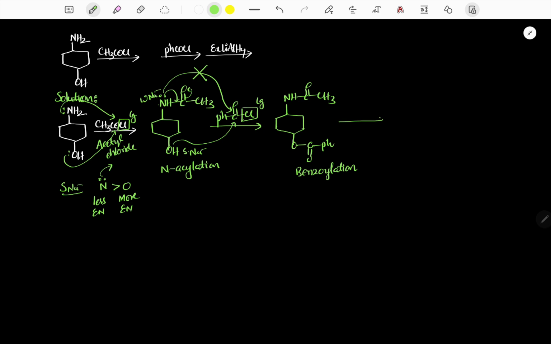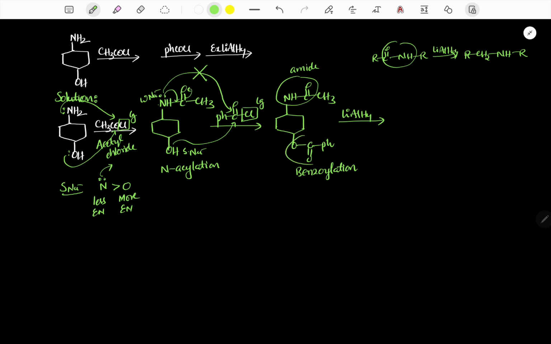Now it is treated with excess lithium aluminum hydride, and we know that this functional group is an amide. When a carboxylic amide, a secondary amide, is treated with lithium aluminum hydride, this amide part will be reduced to an amine part.